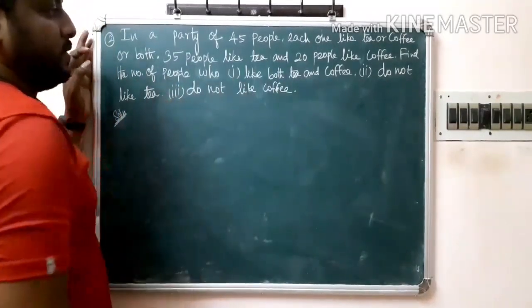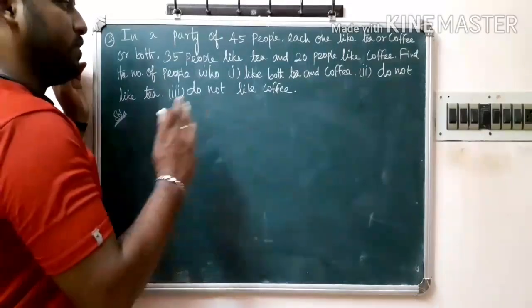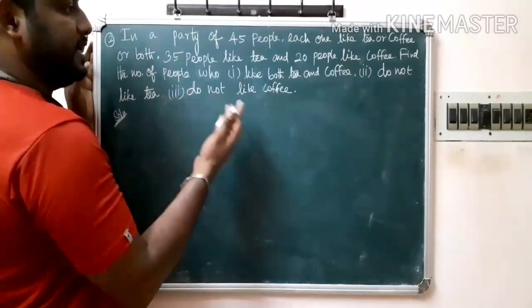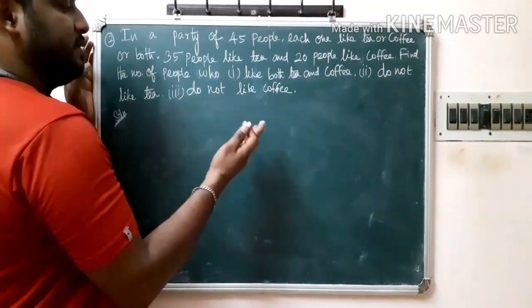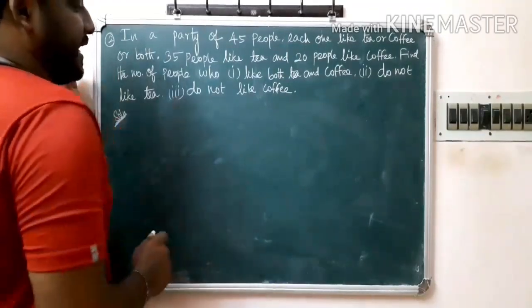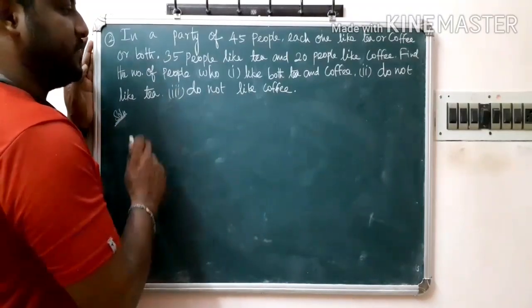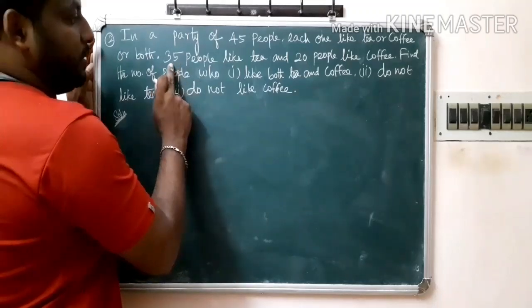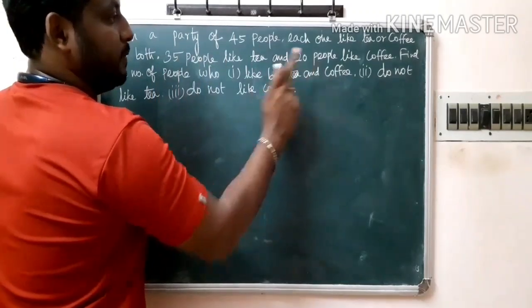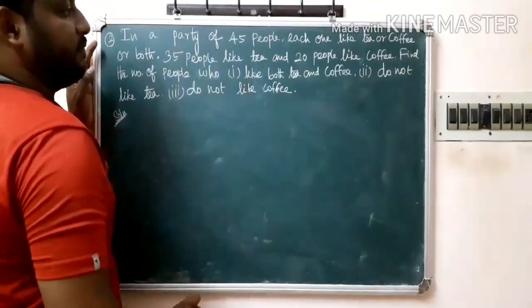Okay. So in this type of question we can solve using the Venn diagram and also using the formula. We can find the answer in any way. The second question we are going to find using the formula. Here, what is given? The number of people who like tea, the number of people who like coffee, and the total number of people.